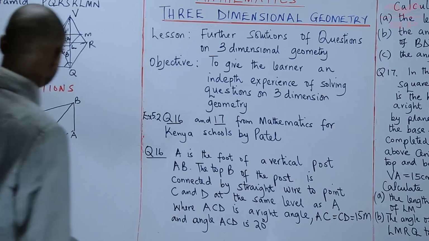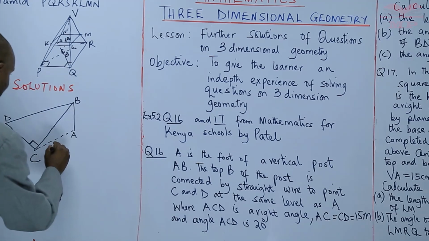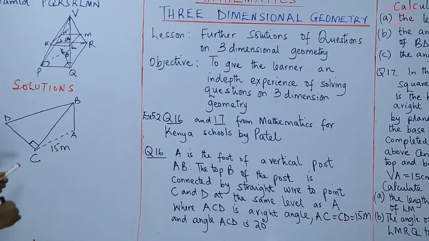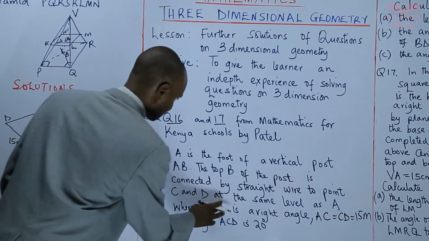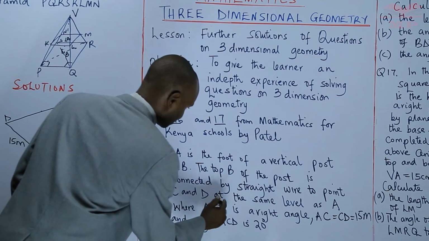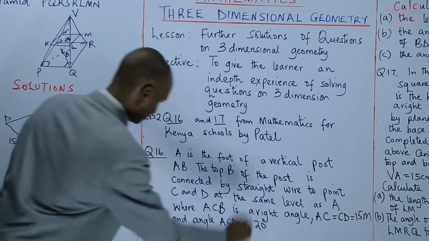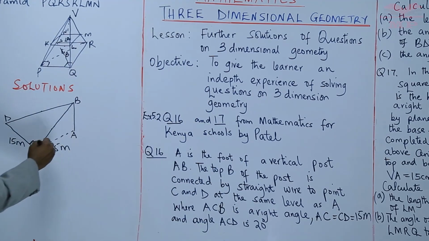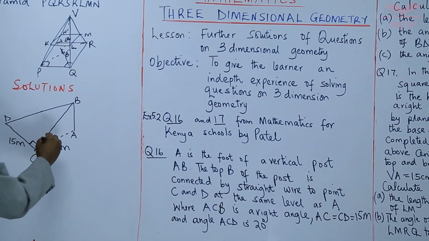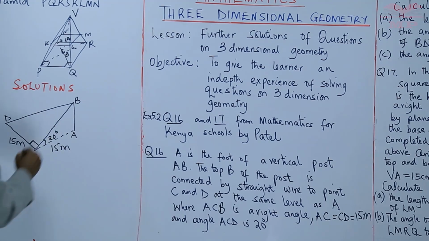Yes, AC is 15 meters, CD is 15 meters, and angle ACB is 20 degrees.